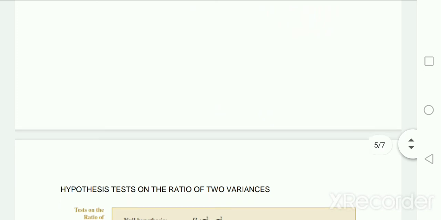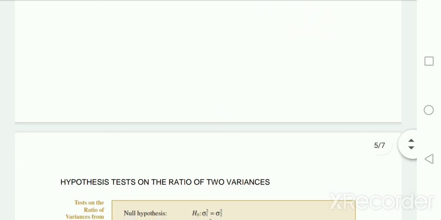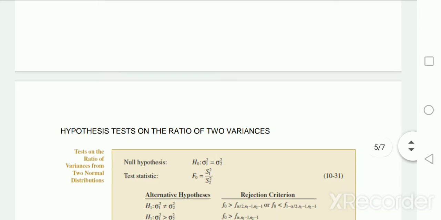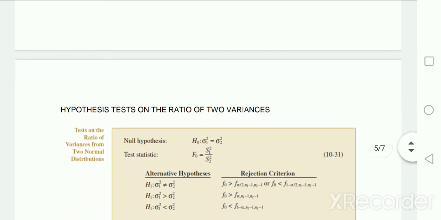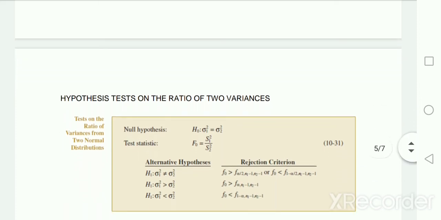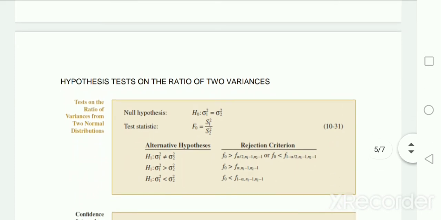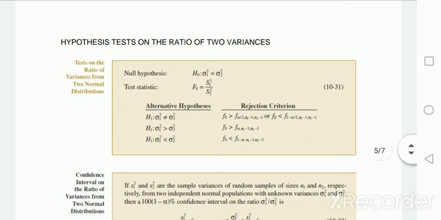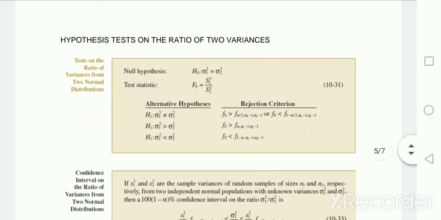Okay, now we move to the next model, testing of variance. Actually, hypothesis test on the ratio of two variances. So here we take the null hypothesis form sigma 1 squared equal to sigma 2 squared.